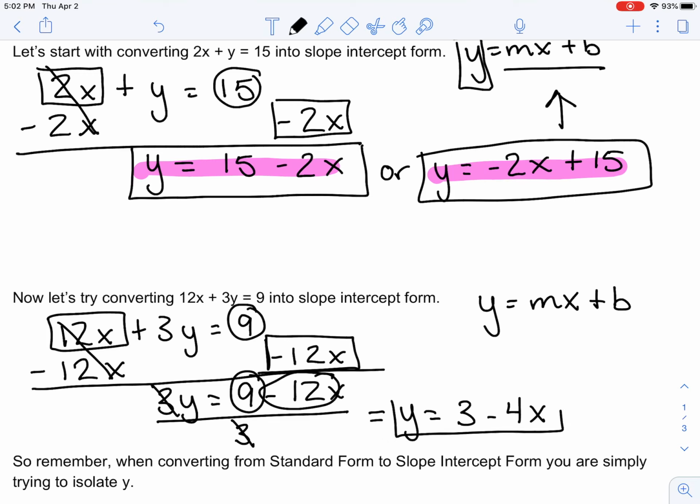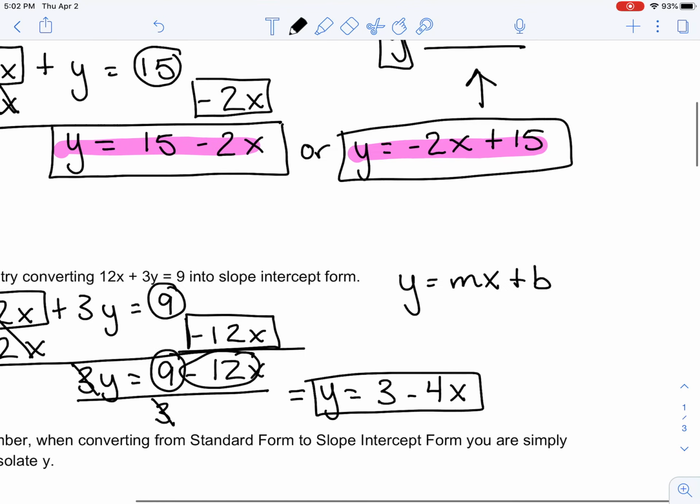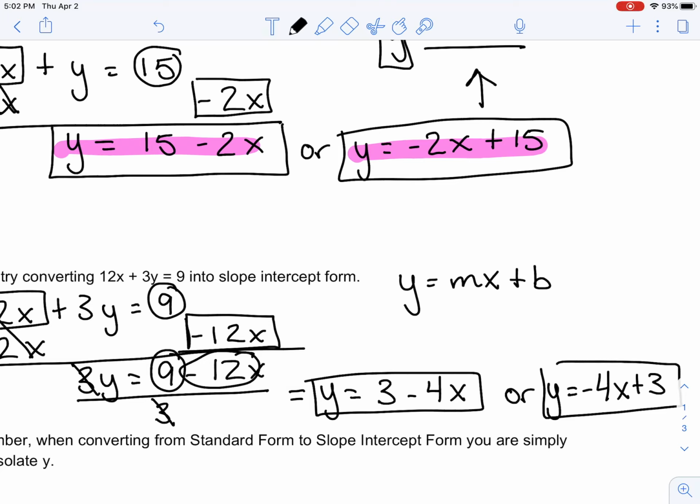So at this point, you can be done. Or, again, you can change it into that negative 4x plus 3 form if you want it to resemble the y equals mx plus b form more closely. So either of these answers are acceptable.